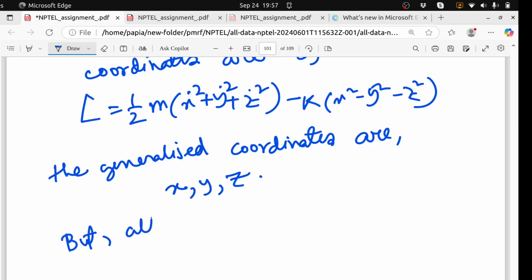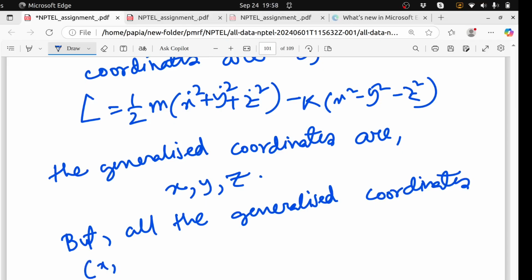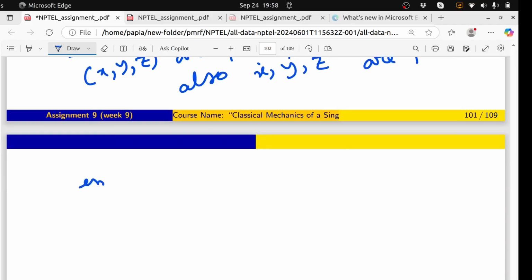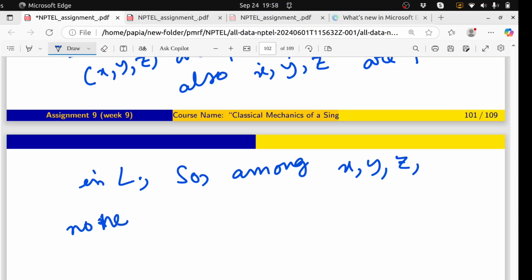But all the generalized coordinates are present in L, and also x dot, y dot, z dot are present in L. So among x, y, z, none is cyclic.